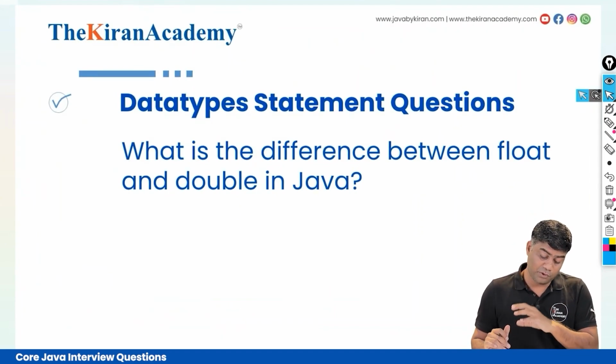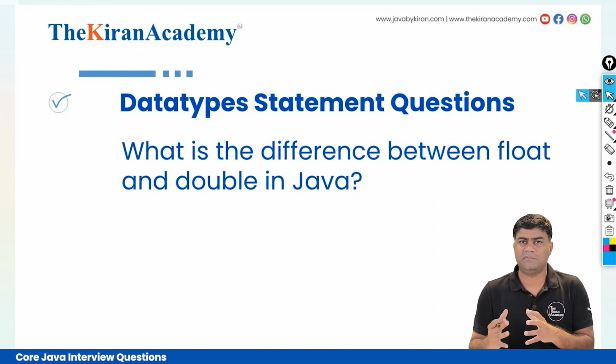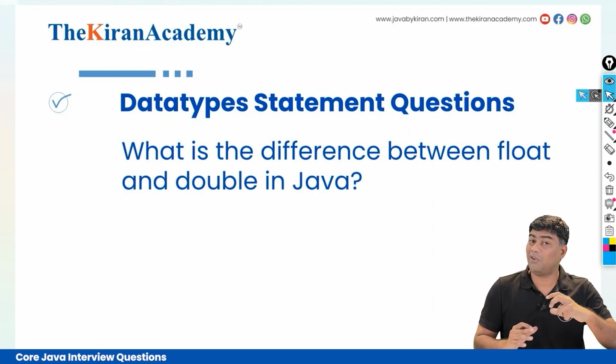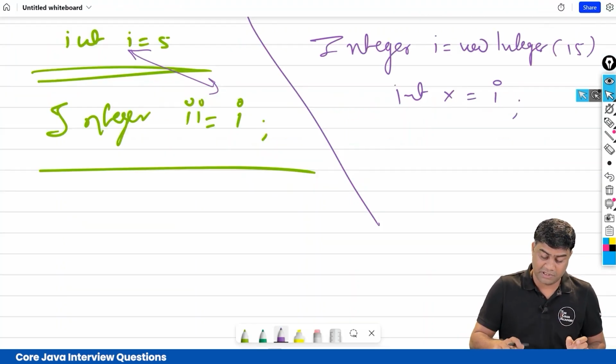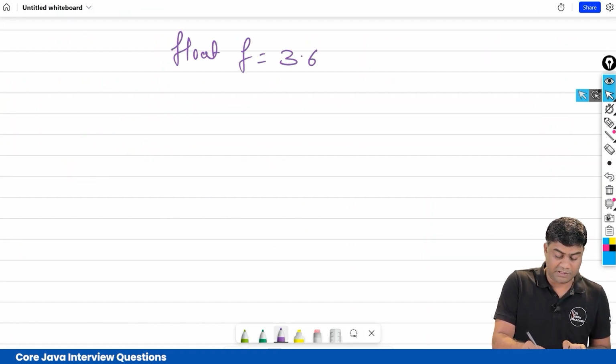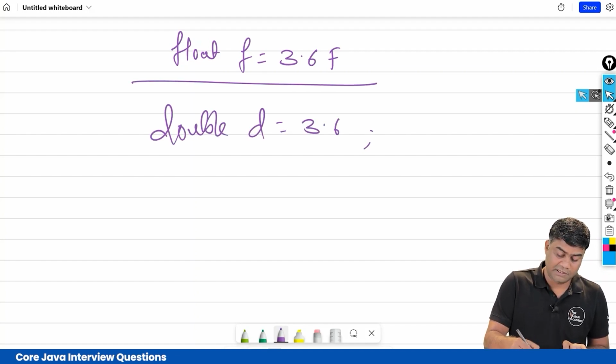What is the difference between float and double in Java? Float is for smaller numbers. Double is for longer or bigger numbers. It's not just numbers, floating numbers. In this case, if you write float f equal to 3.6, you need to write it like this with f. But if you write double d equal to 3.6, then this is also correct.